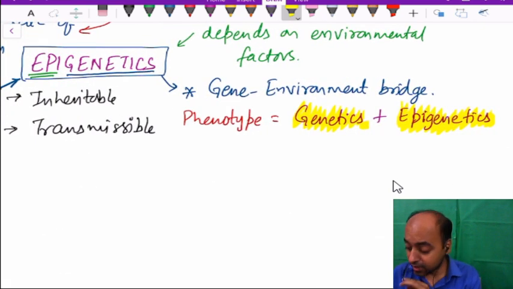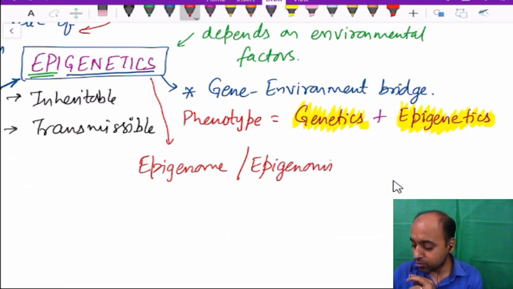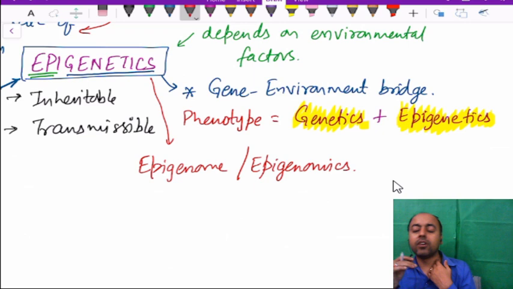Nowadays we have the term epigenome, and the study of this epigenome is known as epigenomics, because now a lot of association has been established between epigenetic changes and the causation of disease, particularly chronic disorders.